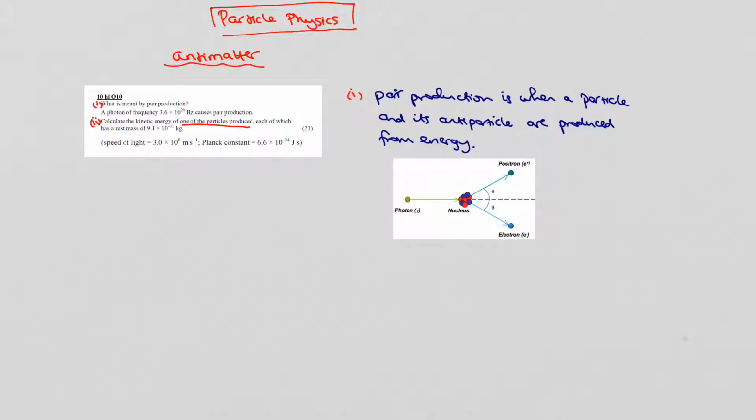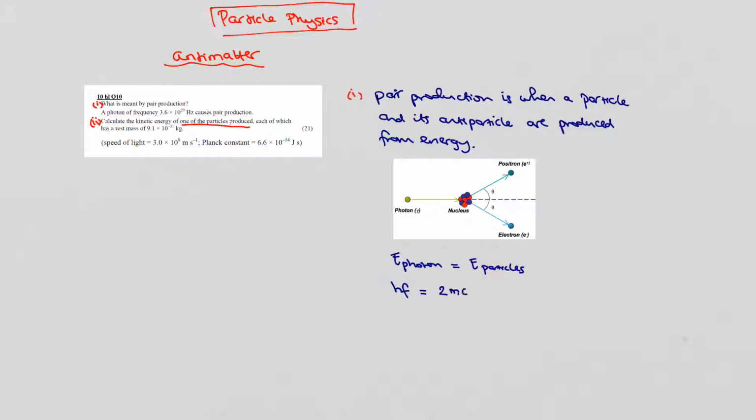So if we were to write an equation for this, we would say that the energy of the photon is then given to the energy of the particles. So basically, we have conservation of energy here. The energy of a photon is given by hf, and then the energy converted into the positron and electron, or a particle and its antiparticle, would be E equals mc squared.